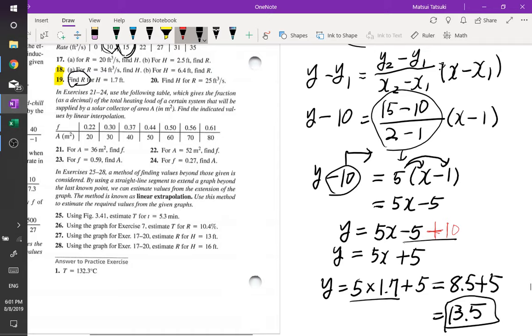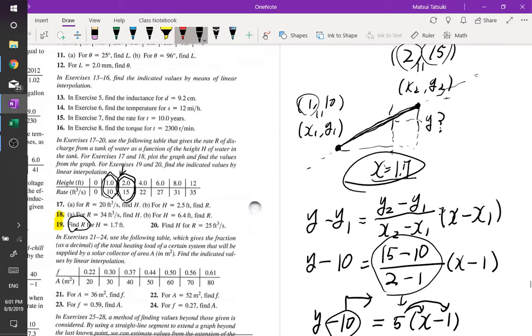That seems to make sense because it's greater than 10 but a little less than 15. So we found that the answer is, y is 13.5. That's the answer.